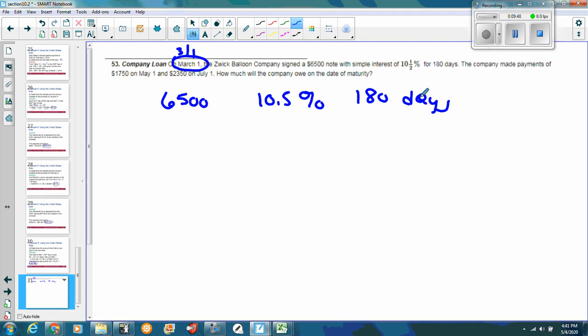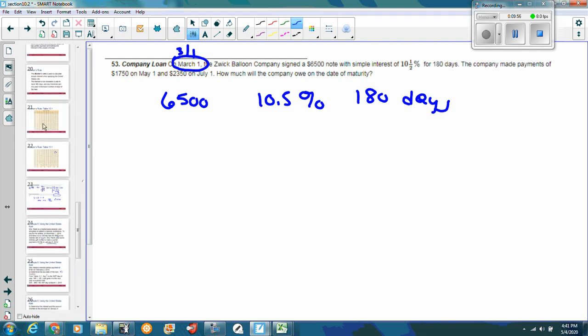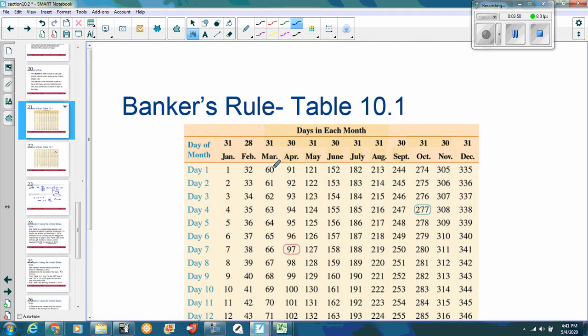So let's figure out the due date first. We're going from March 1st, so let's go back up to that banker's chart. March 1st is day 60. So we're going to take the 60 and add the 180 because it's a 180-day loan. So we're looking for day 240.